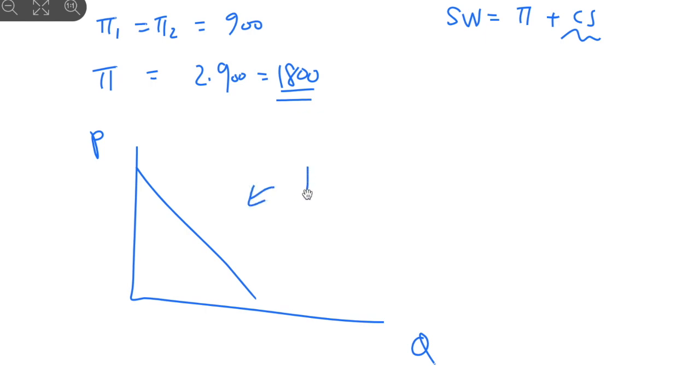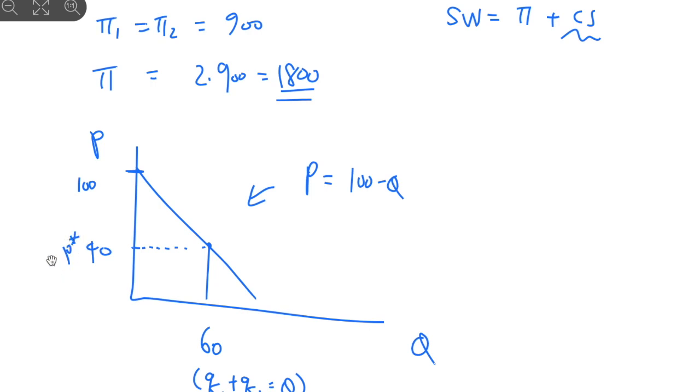And the demand curve has the equation P equals 100 minus Q. So we're starting at 100 and decreasing with Q, and at a Q of 60, the double size, Q1 plus Q2 equals Q. Here we have the price of 40, right? That is the P star, where P1 equals P2.